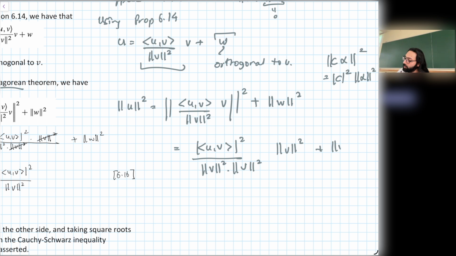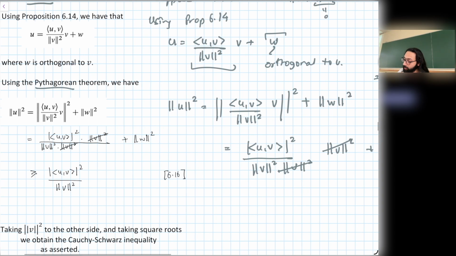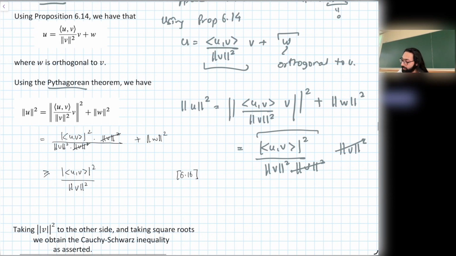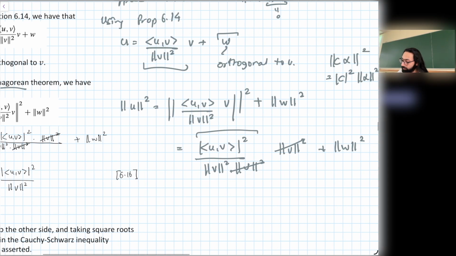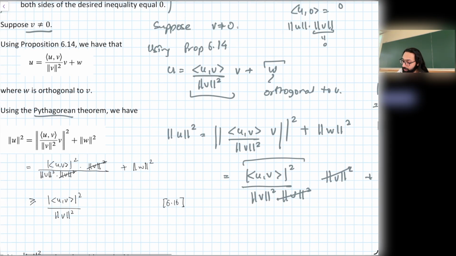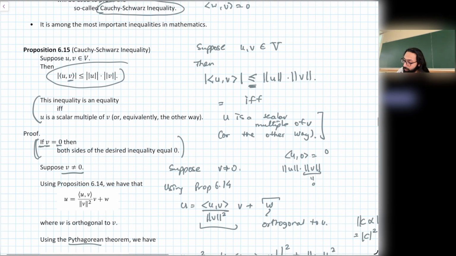Plus we have the norm of w squared. So from here we can cancel the norm of v squared, and what are we left with? This part, the inner product of u and v, is what appears in the statement of the Cauchy-Schwarz inequality.